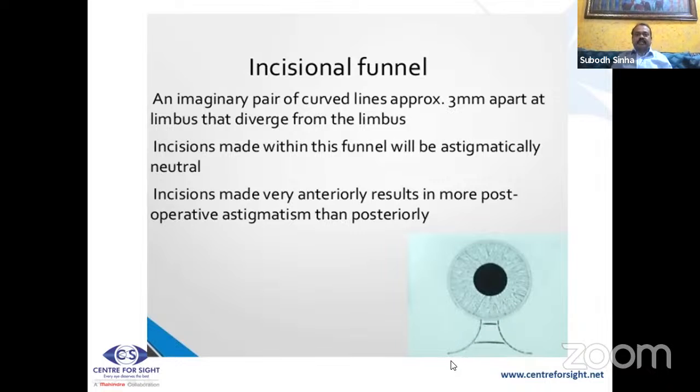From there, they are diverging, and he introduced the concept that any incision you make in between these two lines will cause the least astigmatism. This means that if you are making an incision anteriorly, it will be smaller compared to if you make it posteriorly to have the same amount of astigmatism.